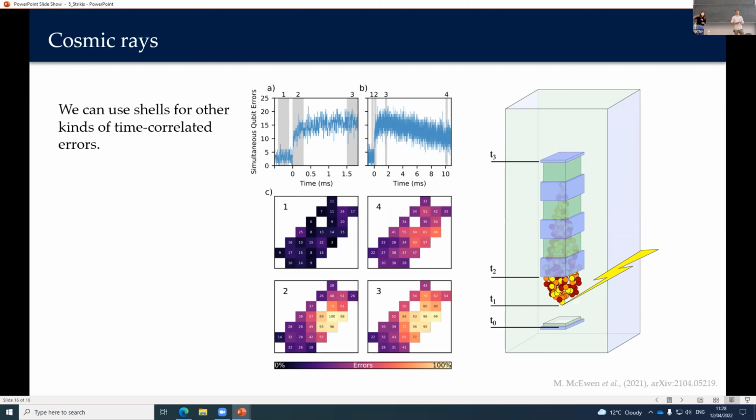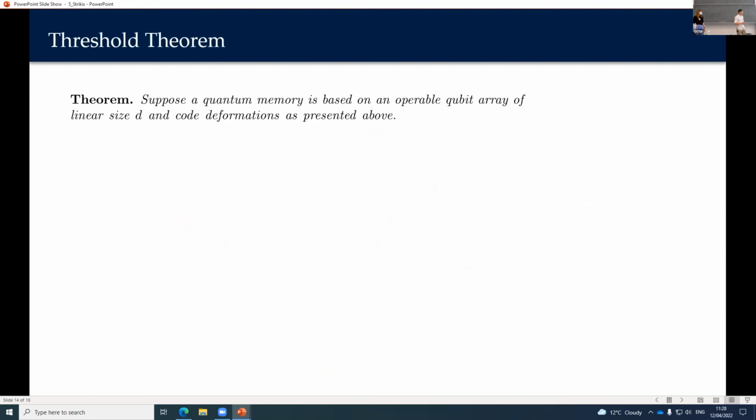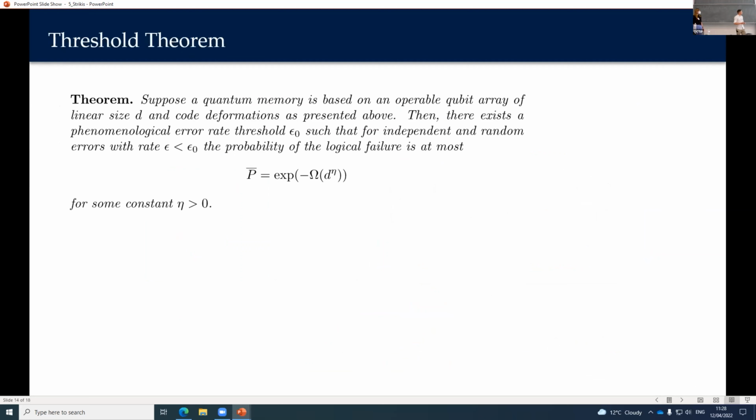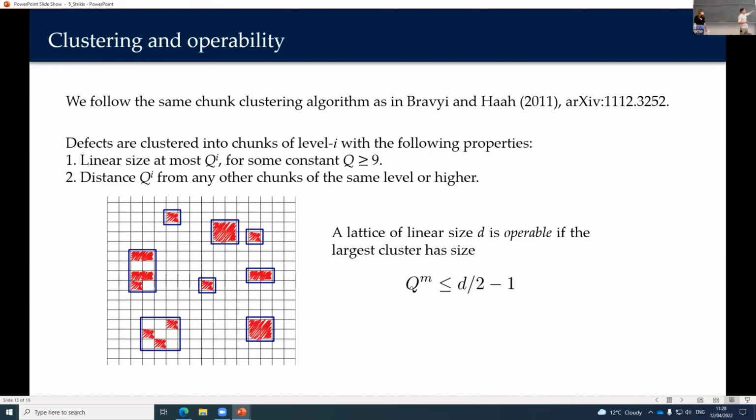Thanks. Hello, thanks for the nice talk. Going back to the theory statement, I was kind of expecting to see somewhere the density of fabrication errors. Yeah, so the whole theorem is based on the assumption that the lattice is operable. That means that the biggest cluster of fabrication errors is bounded by d/2.